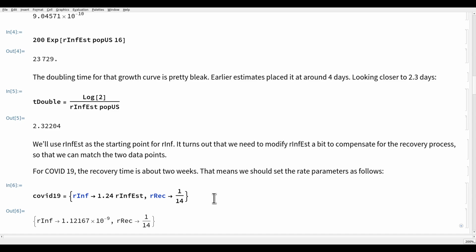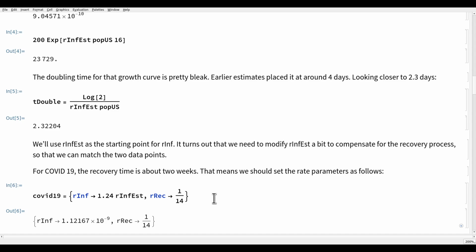The reason for rRec is it's 1/14 because at the moment the estimates that I'm getting for recovery time out of the literature are about 2 weeks. It seems to vary a lot: some people have a very mild case and it doesn't last all that long, other people have pneumonia and they're in the hospital for several weeks. I don't have precise data on the average time, but a ballpark estimate that I've seen in several different places is 2 weeks.